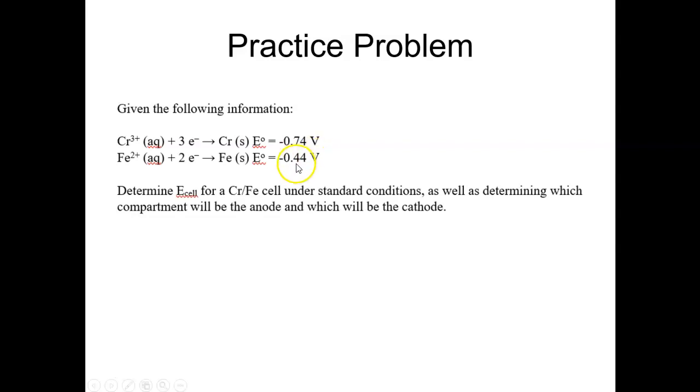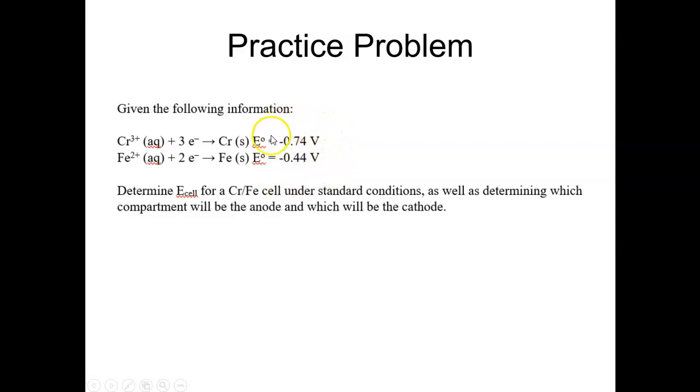So I'm actually going to answer the second question first, which is which compartment is going to be the cathode and which compartment is going to be the anode. Remember, I said when we were first talking about that table 20.1 and standard reduction potentials, that the more positive the standard reduction potential, the easier it is to reduce.